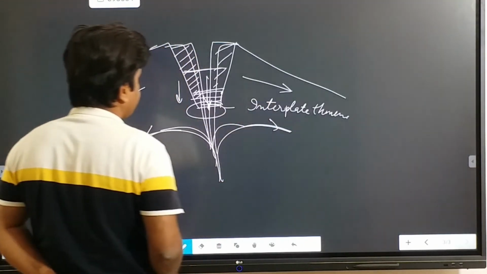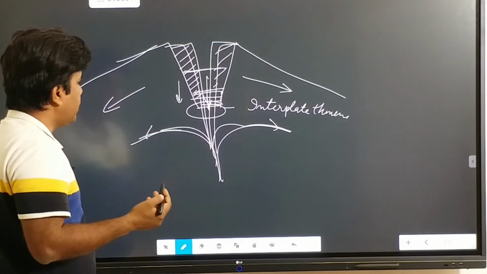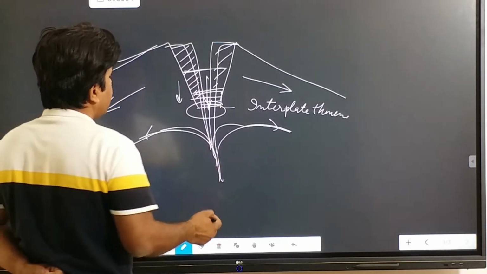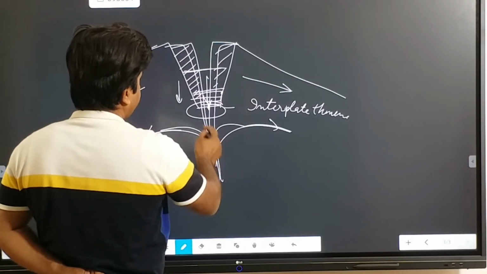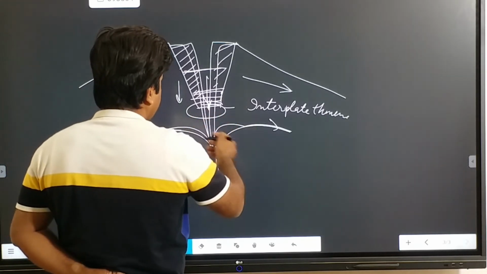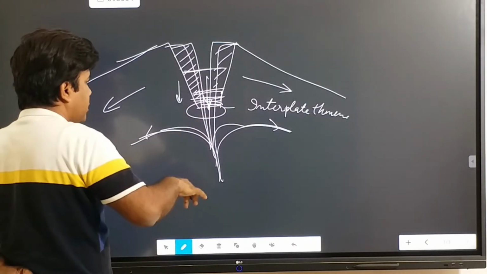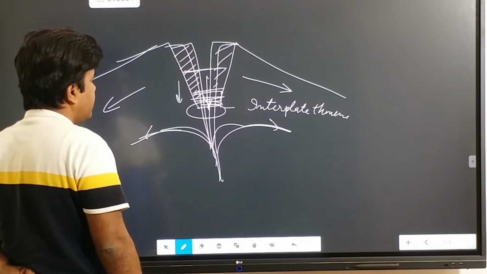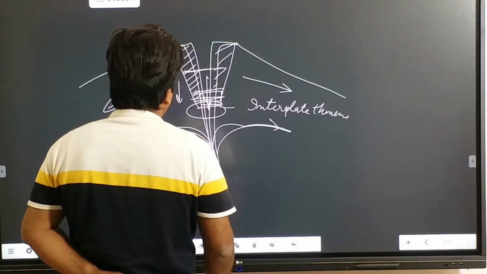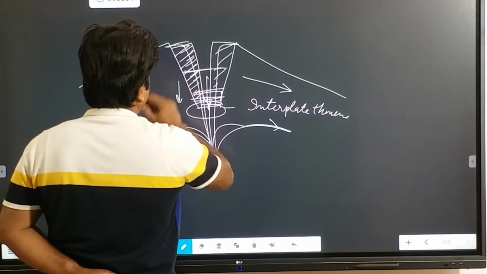So here basically two or three phenomena can be found. The first is faulting will take place, then you have melting, interplate thinning, the melting of this plate will take place, and then again it will subside because of the isostatic adjustment, and finally this whole block will get consumed, and then this plate construction will start taking place.